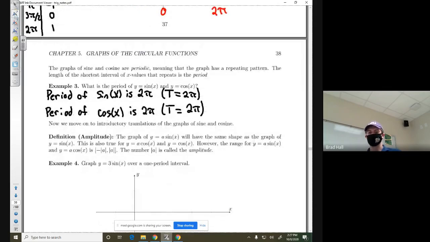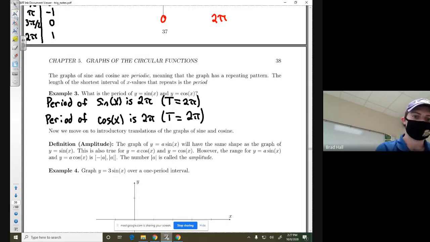Another bit of terminology as well is something called the amplitude. So the amplitude is the number in front of the trig function. So with this function right here, it's saying, what about if you take a sine function and you multiply it by 3?